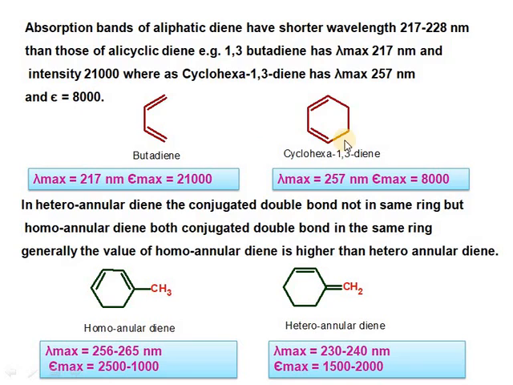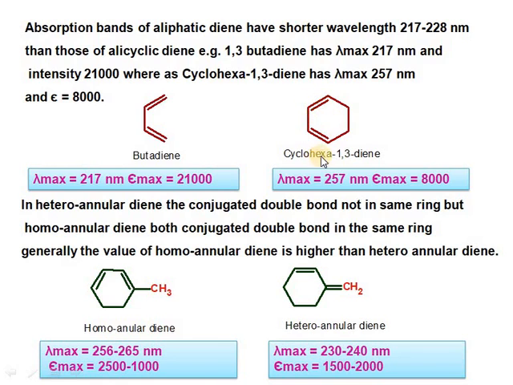Why is this observed? When we compare these two, 1,3-butadiene and cyclohexa-1,3-diene, the conjugation increases. How does it increase? The cyclic ring we consider as one conjugation.